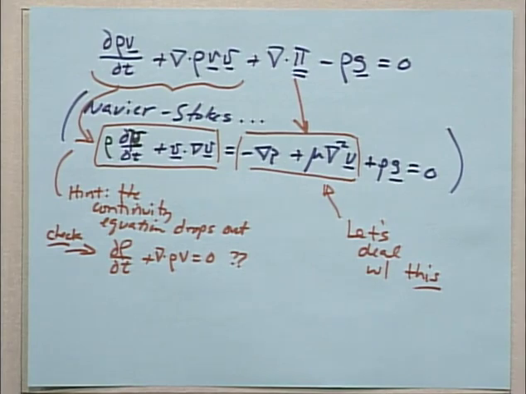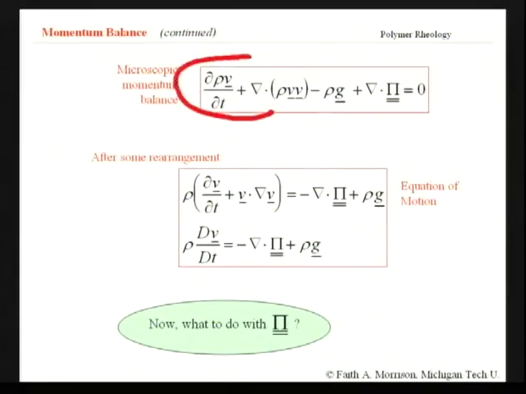So that's what I say in my notes. Here is the version of the microscopic momentum balance that we're at right now. We do not assume constant density, but these first two terms become these two terms. And now we need to talk about the pi tensor.